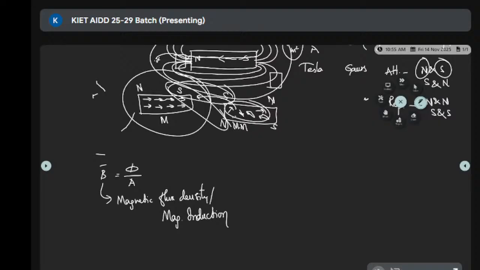B. The other name for magnetic flux density is magnetic induction, given by phi by A. Units? Weber per meter square or Tesla. So flux, for orientation, phi is equal to B dot A cos theta.